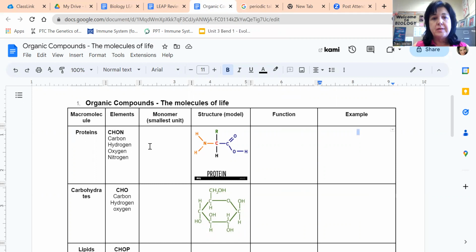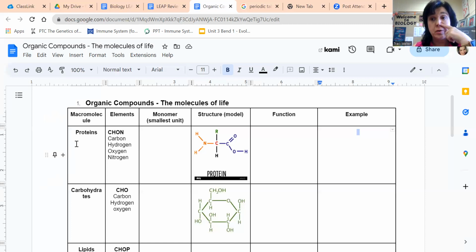Elements are things like carbon, hydrogen, oxygen, nitrogen, and a compound is several of those connected together. Another name for a compound is a molecule. So we're going to be talking about the molecules of life, or organic compounds. Organic just means life, living things.